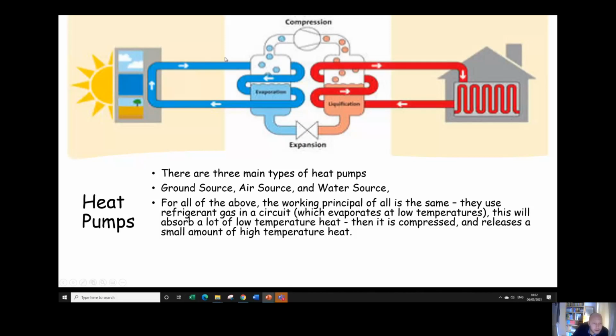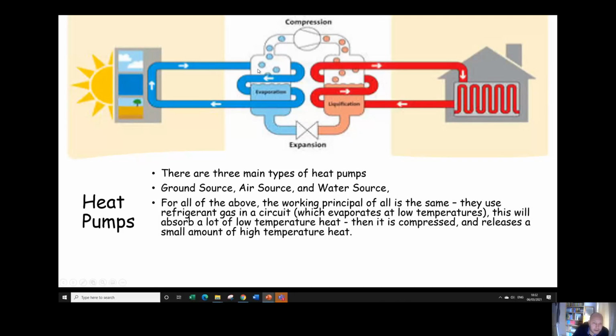Celsius, and it takes this heat and it puts it over a heat exchanger, and inside this heat exchanger there will be a refrigerant gas. This is a gas which will evaporate at very low temperatures. So this gas will then evaporate as it absorbs the heat from the heat source, whichever source it might be.